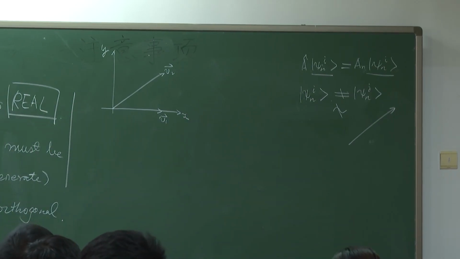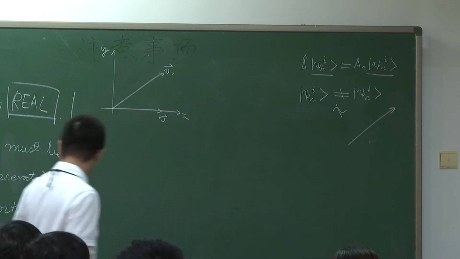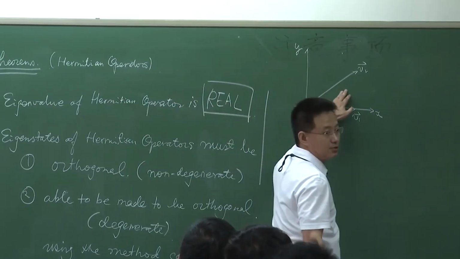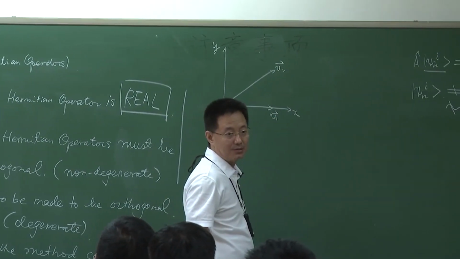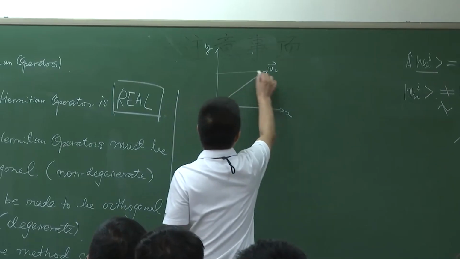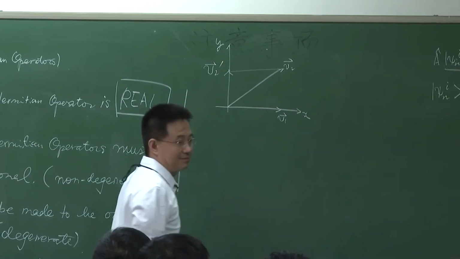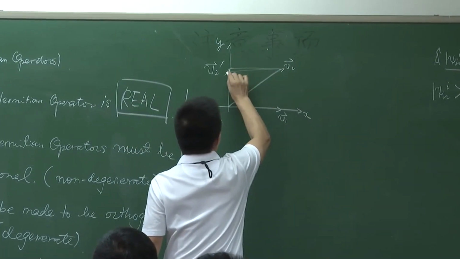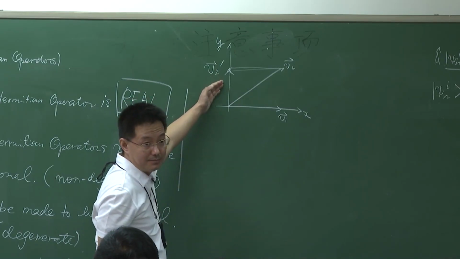Okay, provided that these two vectors are not in the same direction, you can do that using the GSO. You can make these vectors perpendicular to V1. How to do that? You can have a projection in this direction, and then you get V2 prime.